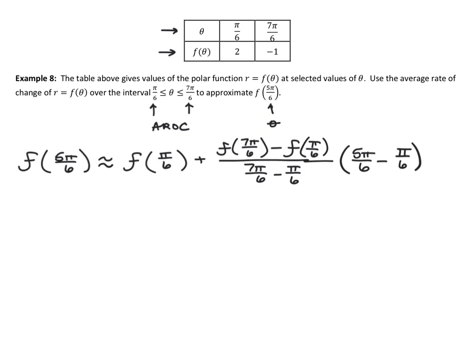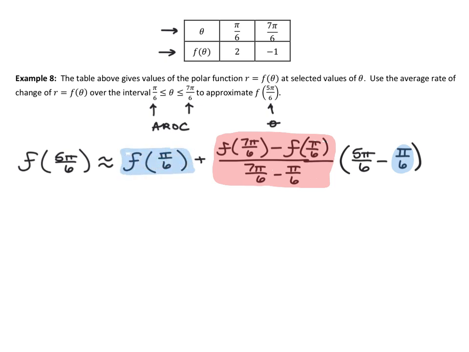Let's make this make sense. This right here is the average rate of change. All I did was use the numbers from the interval given in the problem. Check. Do we see at least that part? The other thing I used was a coordinate point, pi over 6, comma, f of pi over 6.